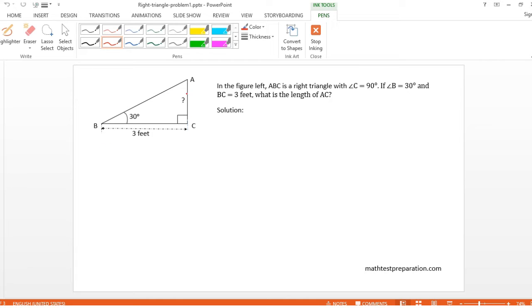First, we let AC be x. Because AC and BC are two sides of the right angle C, AC and BC are legs of the right triangle, and AB is opposite the right angle C, so AB is the hypotenuse.